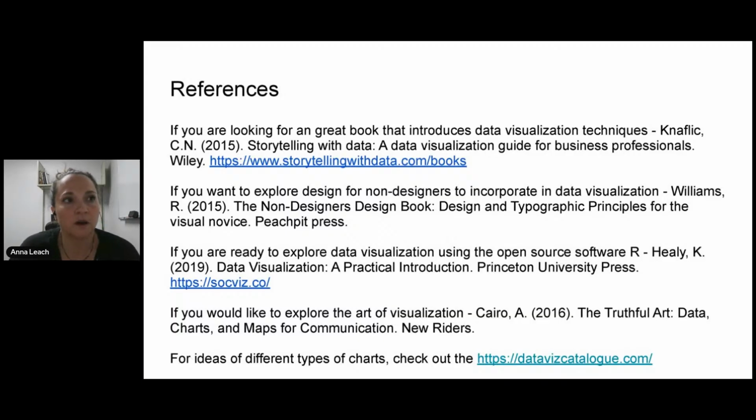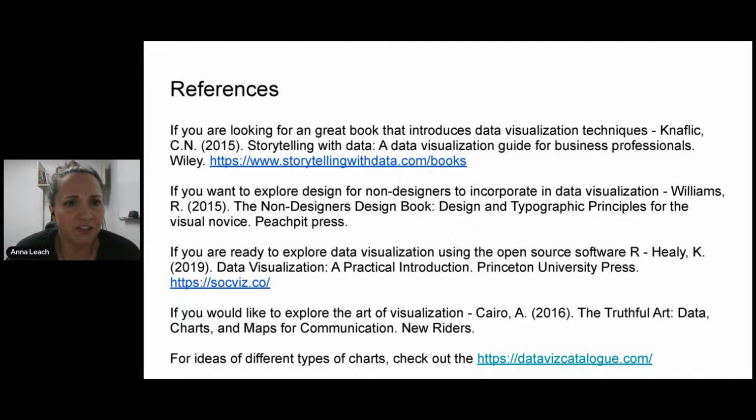So once you've leapt past that hurdle of what data do I collect, what visualization do I choose, what chart do I choose, what graph do I choose, and now you're starting to really tweak and get more custom and specific on your visualization, this is when you can go to that non-designer's design book where they talk about different principles like contrast, repetition, alignment, and proximity.